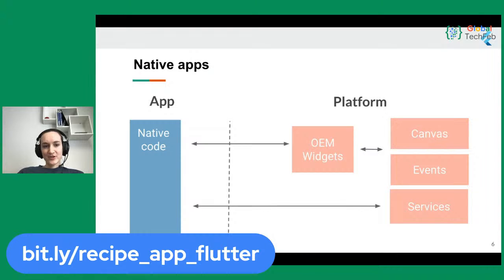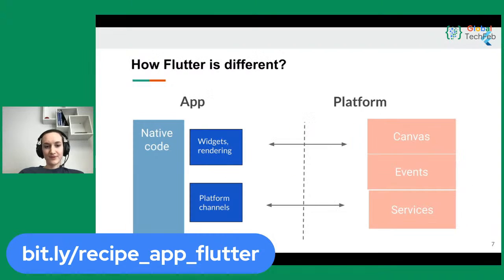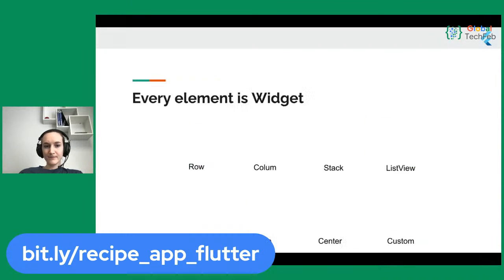And this architecture restricts to reuse widgets on different platforms. And Flutter is different. Flutter draws its widget by itself. And what it needs from the platform is canvas to show widgets. It also needs some services to be able to use location services and other and events such as tap event.